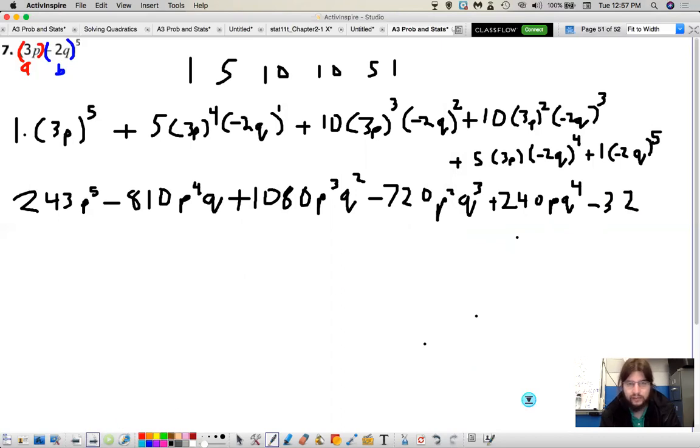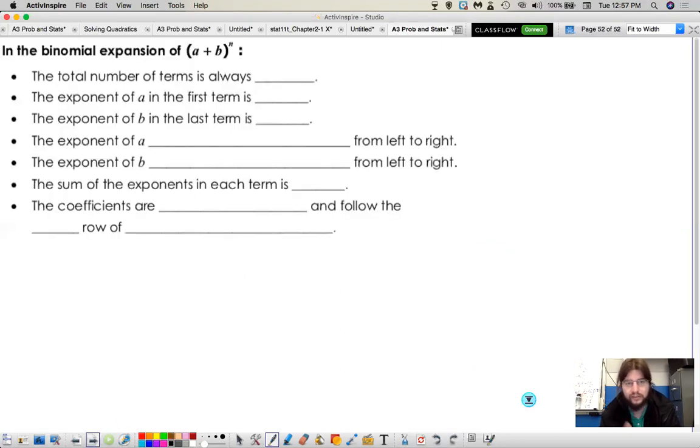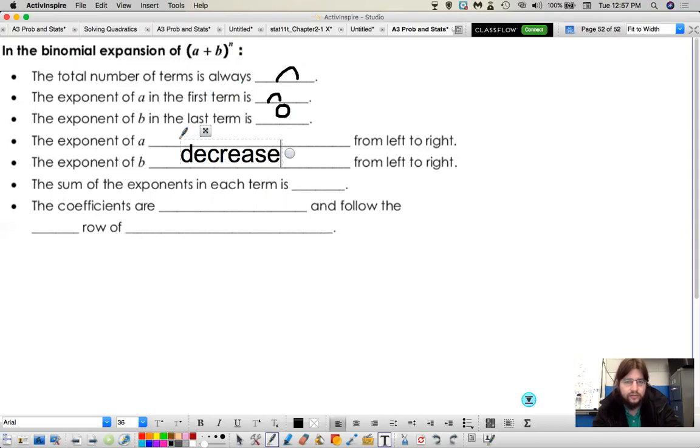Let's see what the next thing is. Well, that's just a summary. Total number of terms is always n plus 1. The exponent in the first term is n. So this one's going to start with n. This is going to start with 0. The exponent in a decreases. The exponent in b increases.